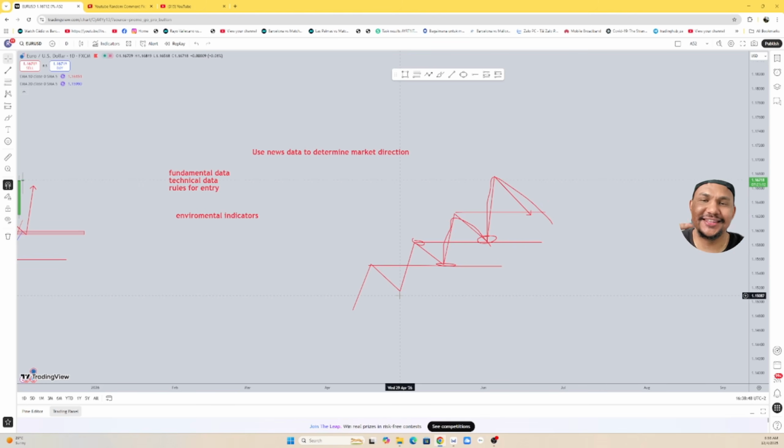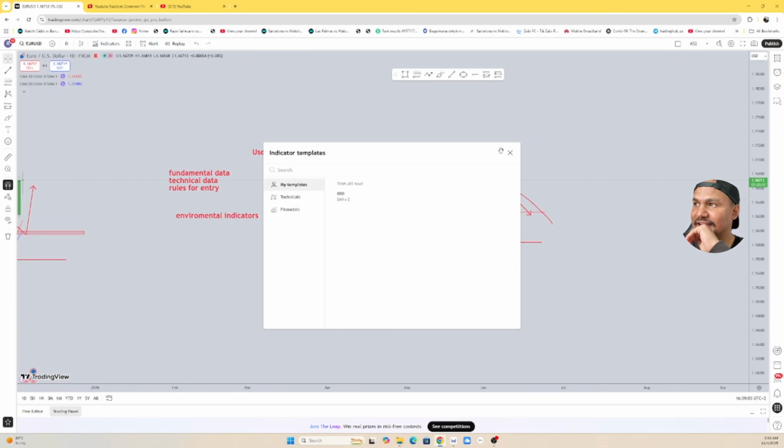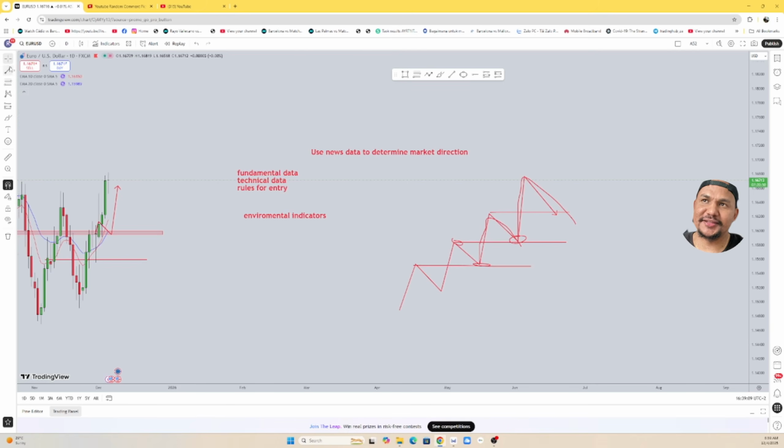These are still EMAs, but I use them to check the momentum. I also had the actual momentum indicator here at the bottom, but I don't have it here anymore. I now call these momentum indicators.